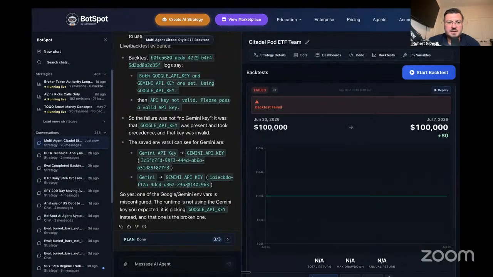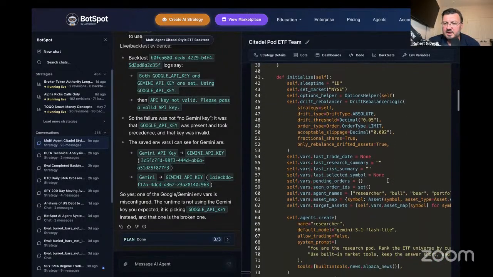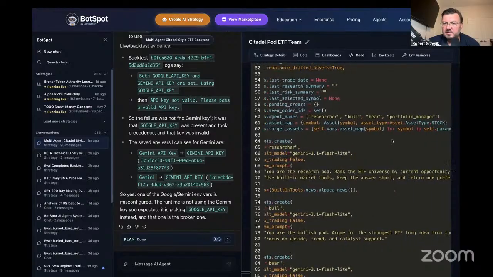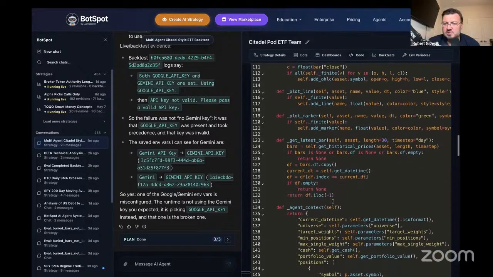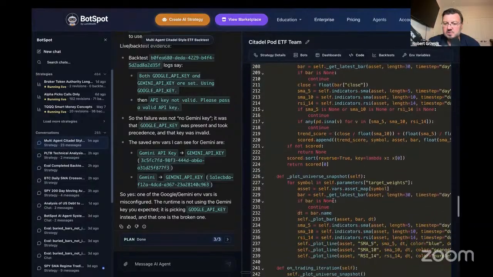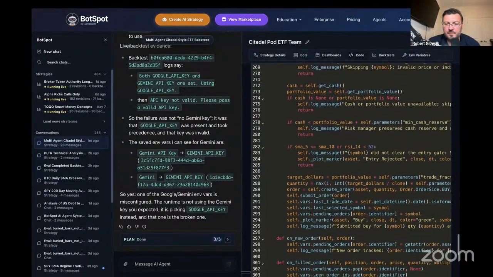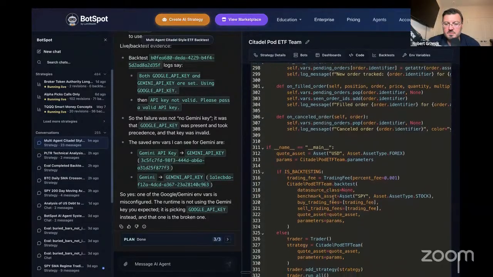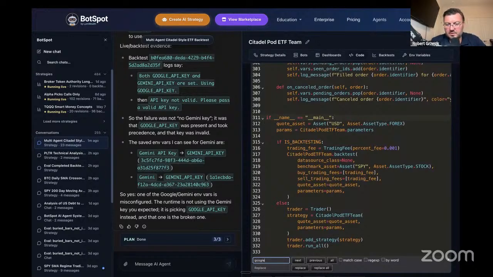Yeah, because it's running this thing. There's something in the code that's setting the Google API key. What the heck is going on here? Google.